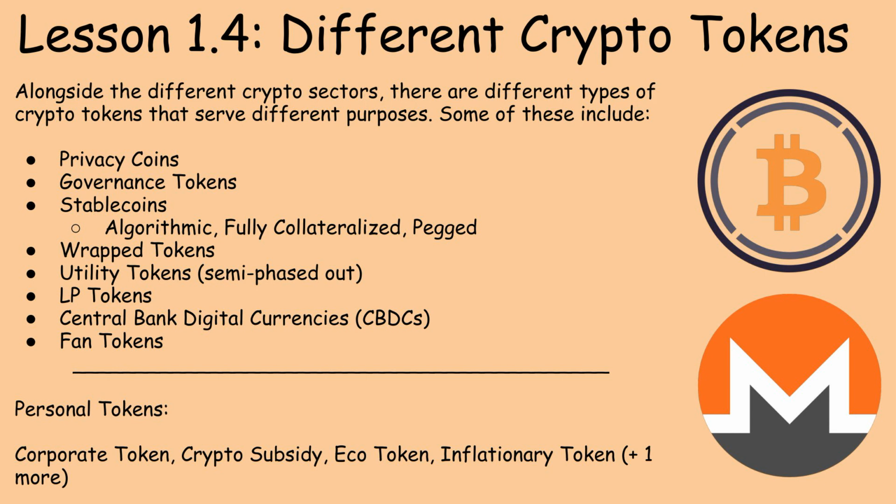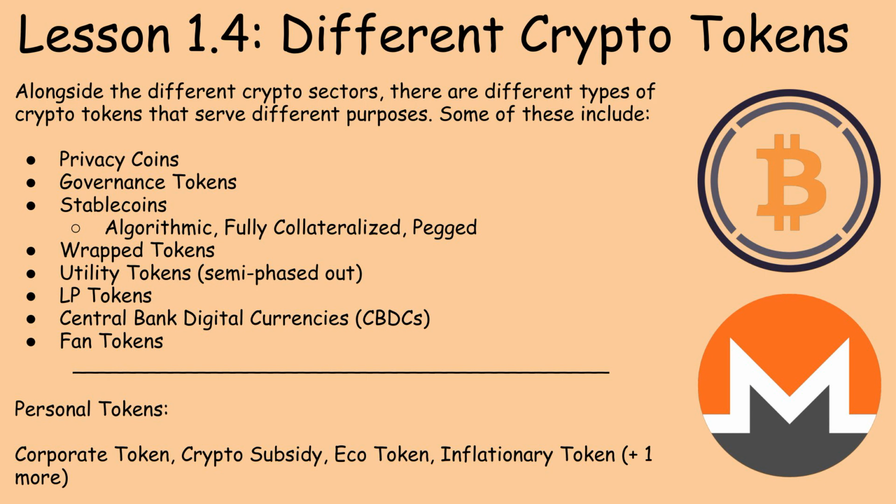But now that a lot of tokens have introduced smart contract capabilities within their blockchains or their cryptocurrencies, a lot of tokens automatically fall under the utility tokens category. So that terminology is kind of semi-phased out here.